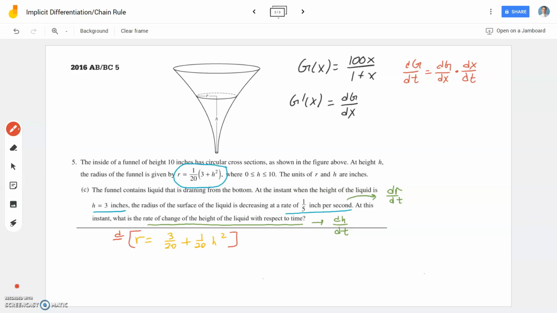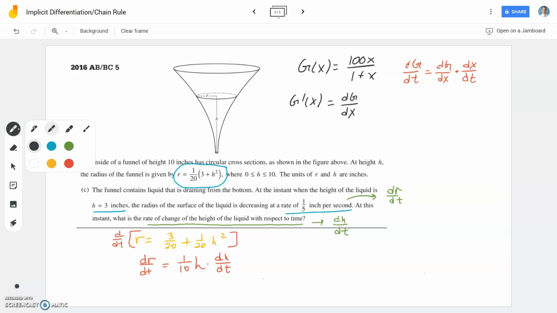Let's go ahead and take the derivative with respect to time. On the left-hand side, we're going to get dr/dt. We still have a constant here that will go to 0, but we'll get over here 1/10 h dH/dt. And you can definitely now see the quantities that were given and how they're going to play out as we finish this problem.